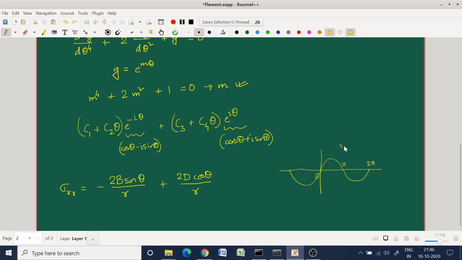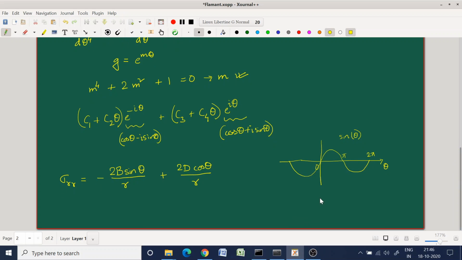On this axis is theta. On the other hand, if we consider our cos theta, it will be something like this. So this is again 0, this is pi, and this is twice pi. Sorry, I just had a brain freeze.